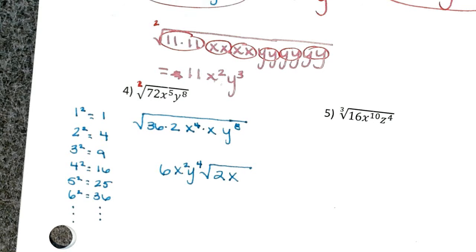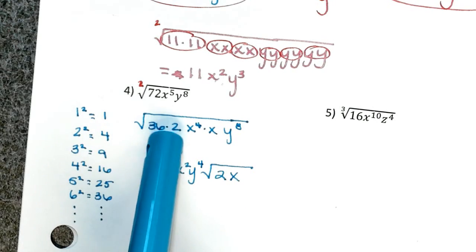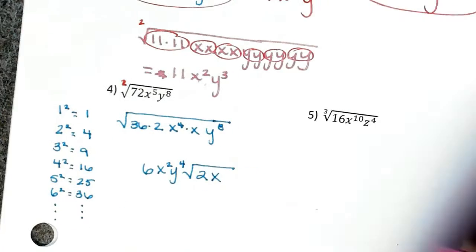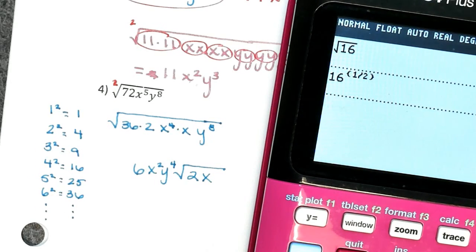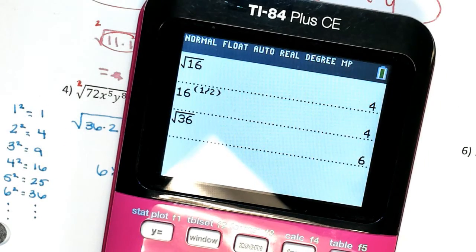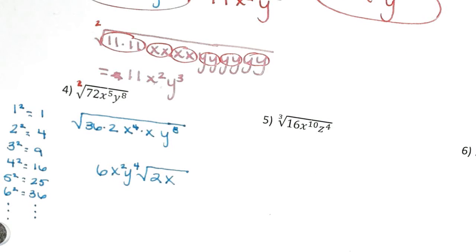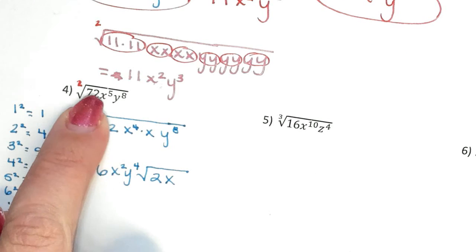Yes, go ahead. So, how did you get the 6 and the 2? Because the square root of 36? The answer is 6. Oh, and then the 2. Because 36 times 2 is equivalent to 72. Oh, okay.